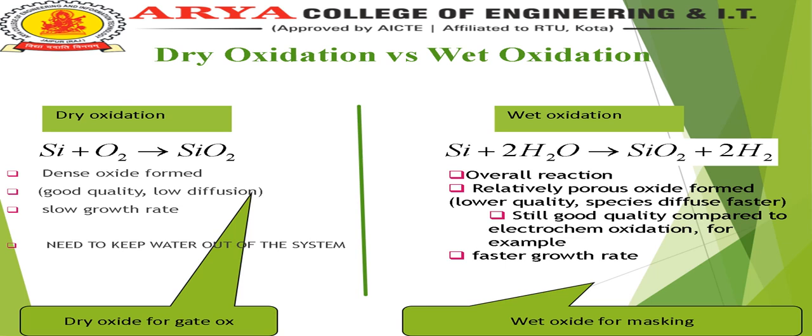In wet oxidation, the lower quality species diffuses faster, but it is still good quality compared to electrochemical oxidation, for example, and it has a faster growth rate. So this is dry oxidation, and this is wet oxidation.